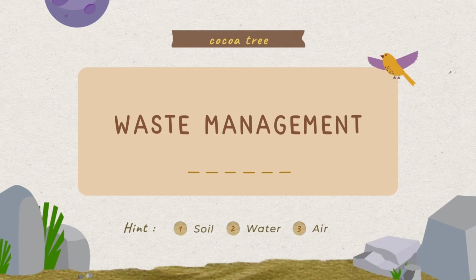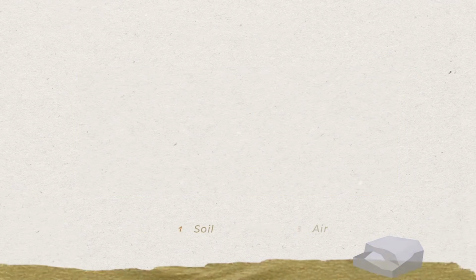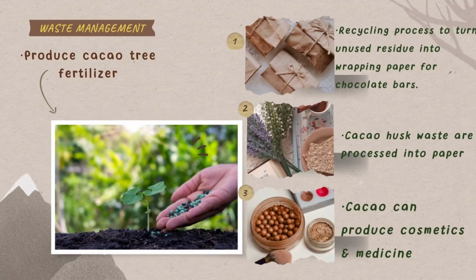Waste management. First, produce cocoa tree fertilizer. 80% of the cocoa fruit is discarded as residual biomass, including cocoa pod husk, cocoa bean shell, and cocoa sweatings.